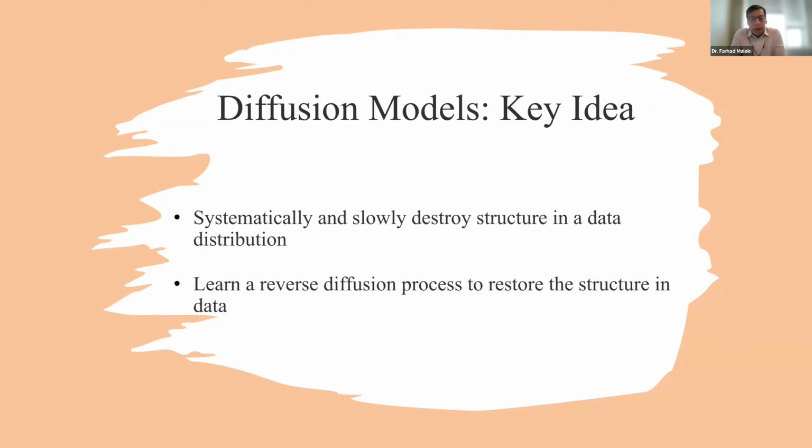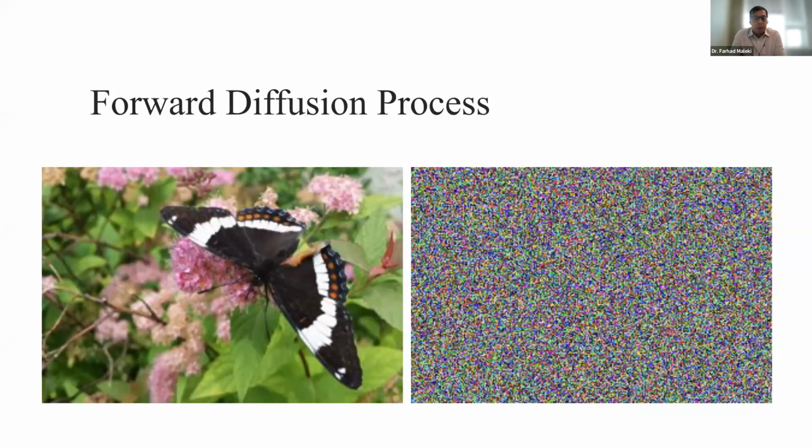These models are built on one simple idea: systematically destroying the structure of data and then learning a reverse process to restore the structure of data. So we have two phases. In the first phase, we add noise to the data.